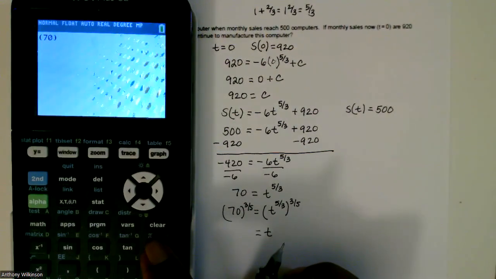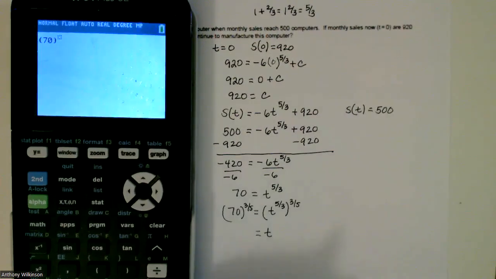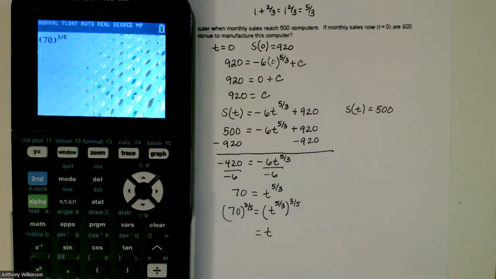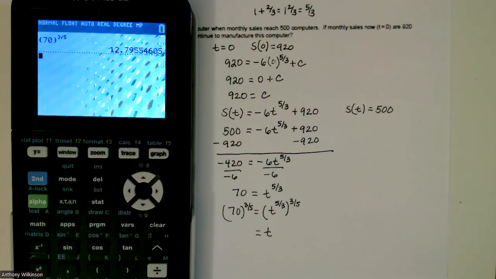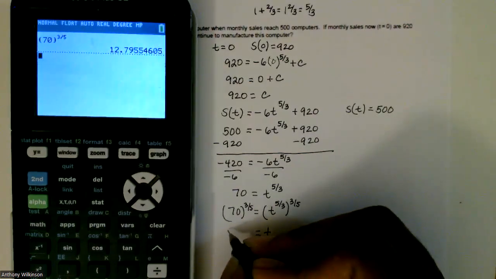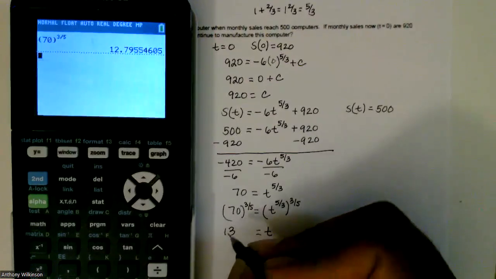For the exponent of 3/5, I'll use the hat key and do 3 divided by 5. Now, really, you don't need the parentheses around the 70. Then if I hit enter, let's say I want to round this off to the nearest whole number. Okay, so 12.7 to the nearest whole number would be 13.